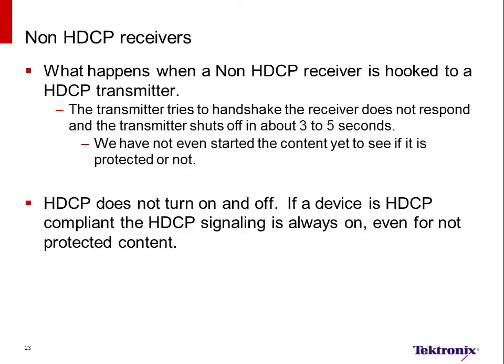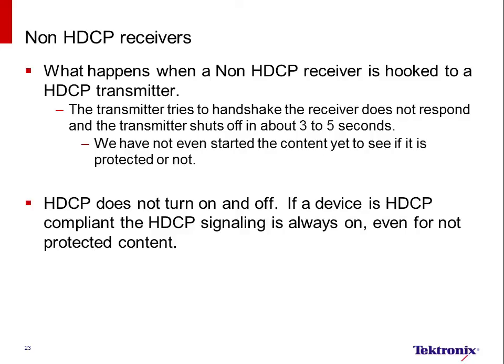One of the things that we have found is that if you have an HDCP compliant source, the compliant source does not shut off its HDCP. It does not look back at the content to see if the content was DRM'd or not. It costs about 20 bucks more in parts and a fair amount of intelligence to actually look back at the content to see if the content was HDCP'd or not, or digital rights managed.